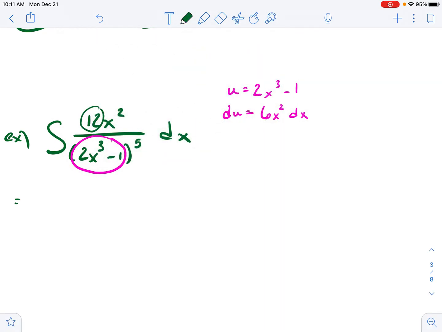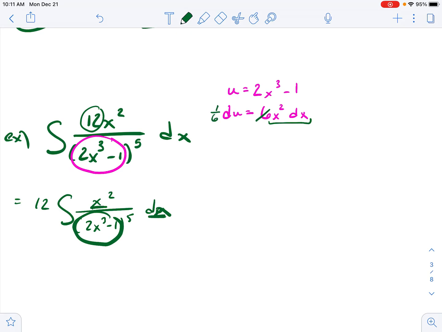Here's a coefficient. I can move that out front to begin with if I want. Okay? And what I can now do is say, look, here's my u. In the integral, I have x squared dx to take care of. There it is. That's going to be 1/6 of a du. So I can actually leave the original coefficient there.